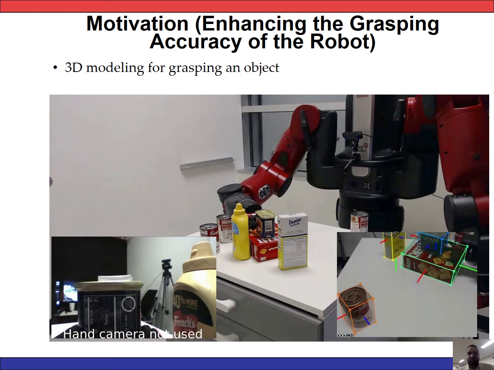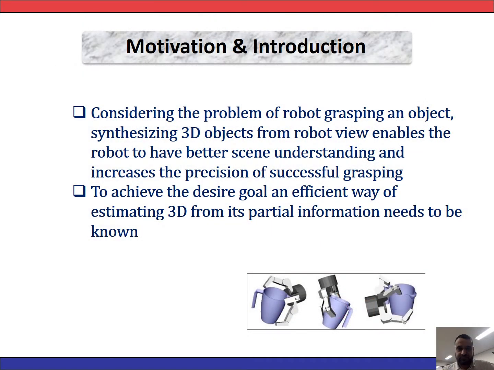So how can we increase this grasping accuracy of the robot? If we have full information of the object, we can use the robot to grasp it accurately, and that's how we use the 2D to 3D transformation network.